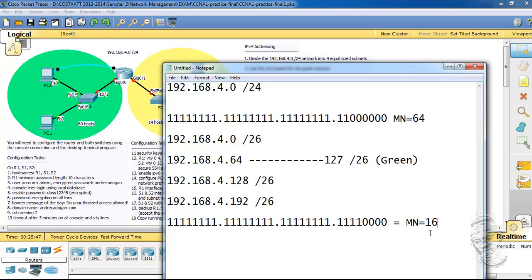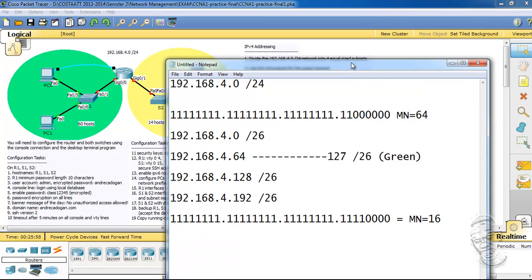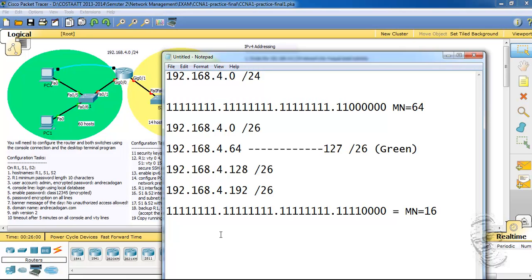Because the magic number is 16, as the other task asks below, we use the first of the smaller subnets for the yellow network. Let's see what our networks are incremented by, because we begin at 192. Pay attention that we cannot use any of the numbers in between, because we have subnetted the last network further.